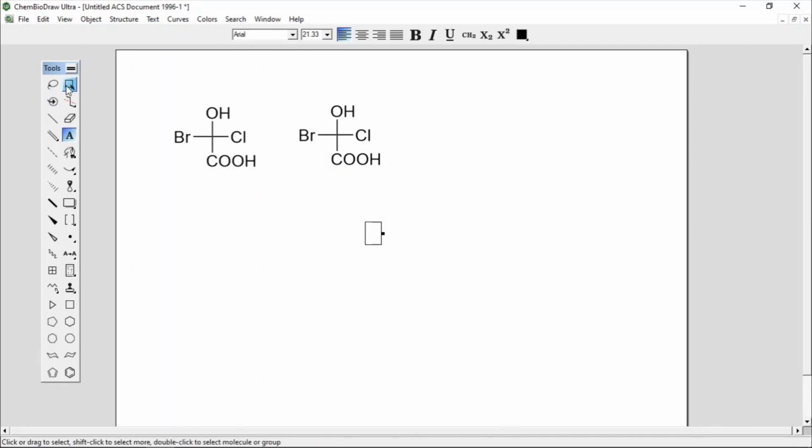These are not enantiomers, because when you keep this molecule on the first molecule, the OH is overlapping on OH and Cl is overlapping on Cl. That's why they are not mirror images of each other. They are not enantiomers.